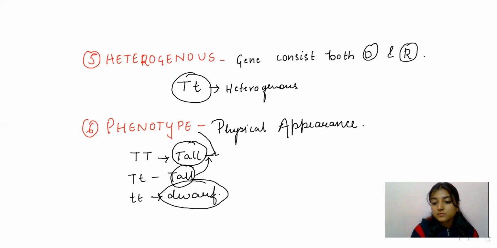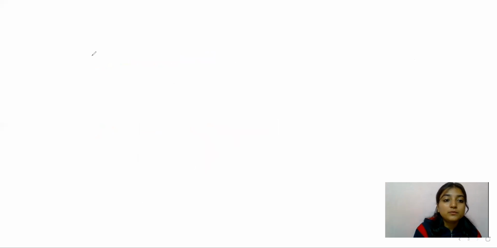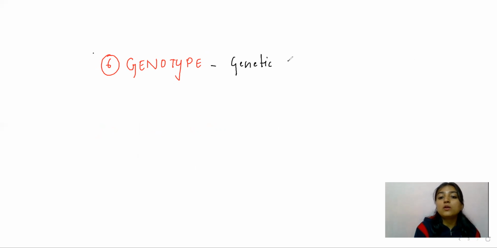Now the next one is genotype. The genotype is defined as the genetic makeup of any organism.